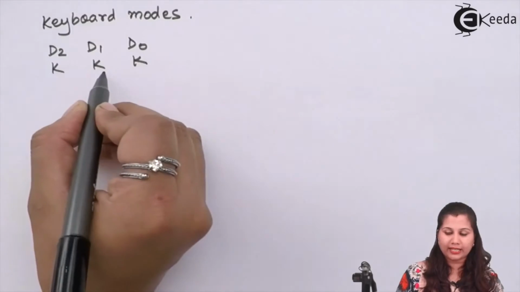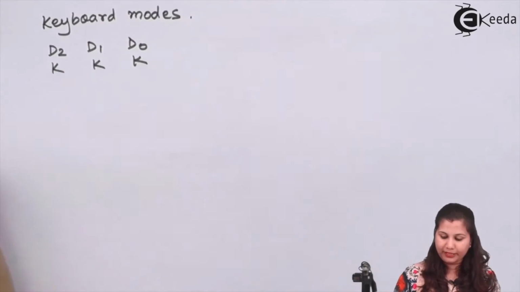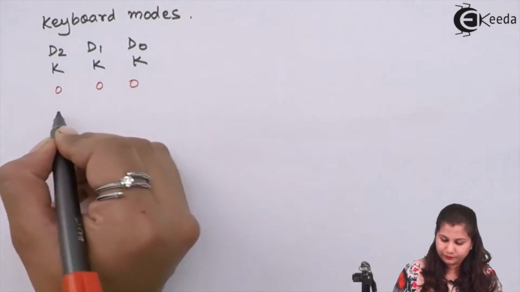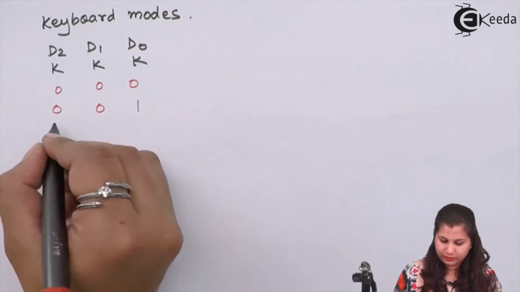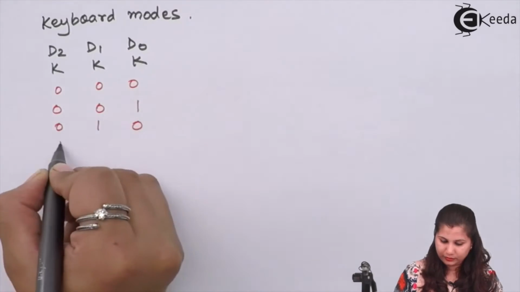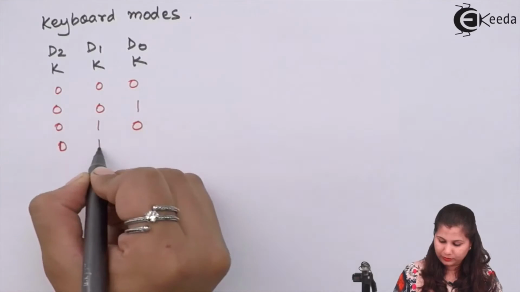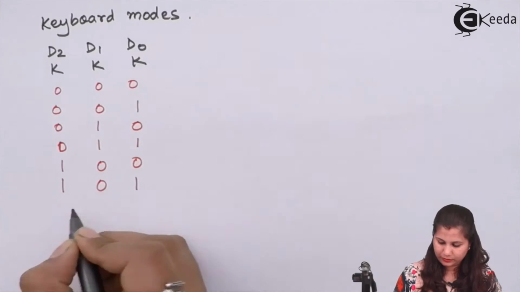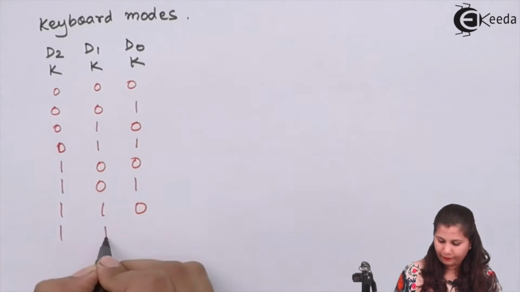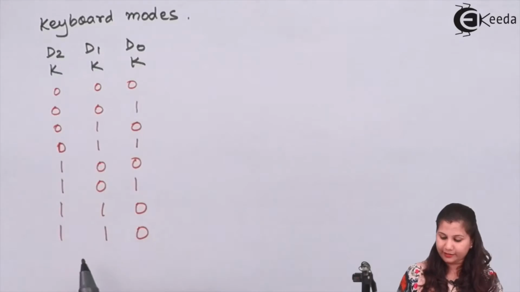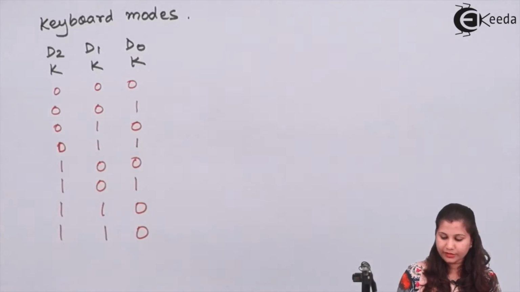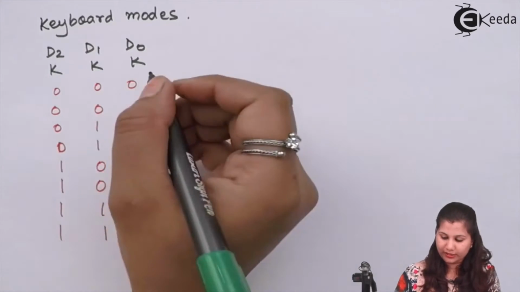So here we have K, K and K. Now we have different combinations for these 3 bits. So these 3 bits can take 8 combinations. Now when the value is 0, 0, 0, first I am writing all the modes, then I will explain to you what these modes describe.